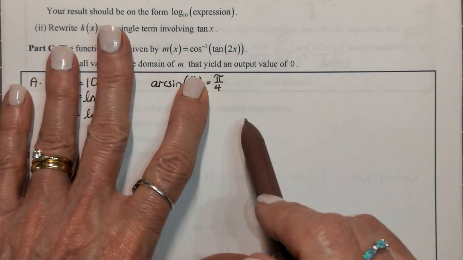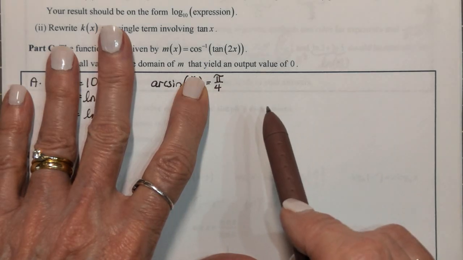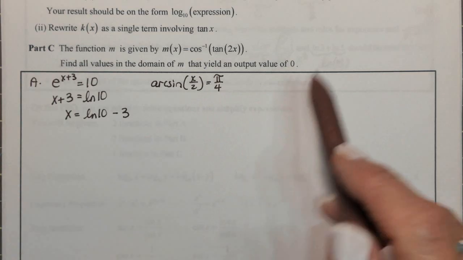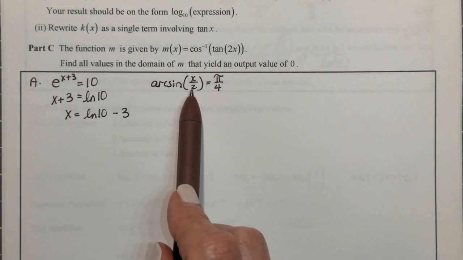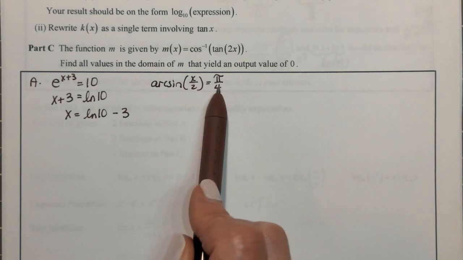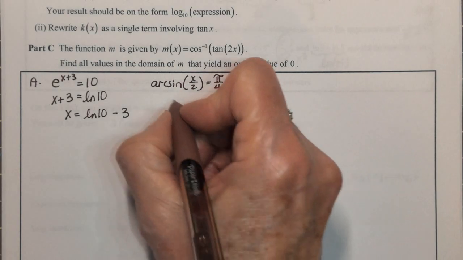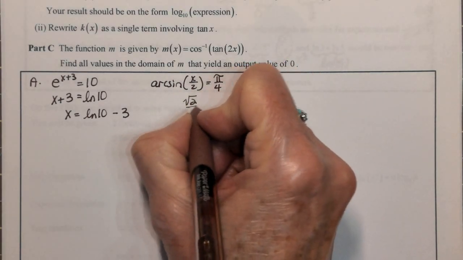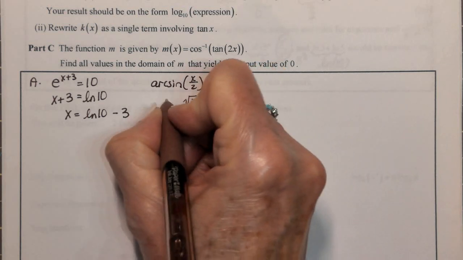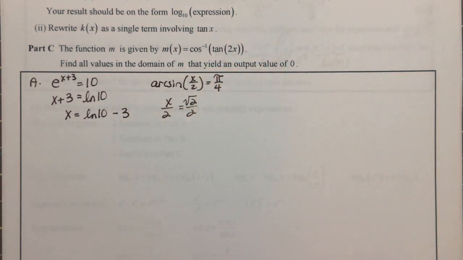Sine of pi over 4 we know is square root of 2 over 2. So that will be our argument.